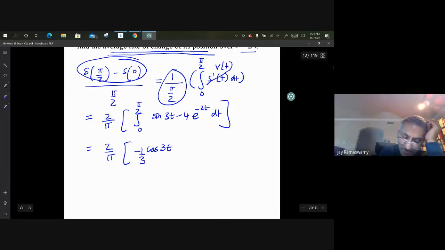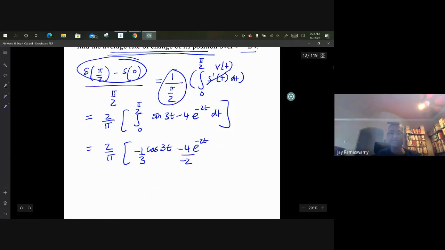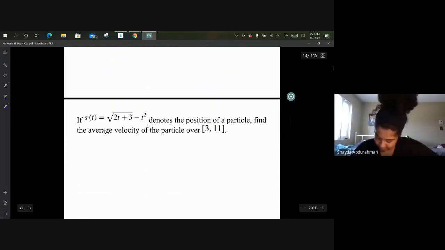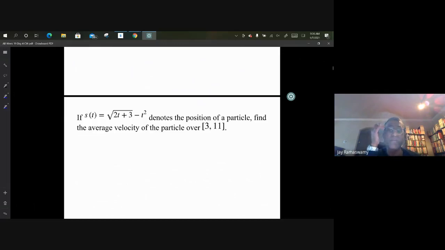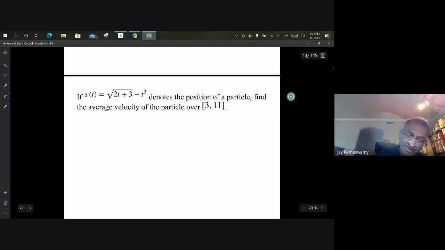So negative 1/3, right? Okay, do the other one. Minus 4e to the power of negative 2t divided by negative 2. Guys, be careful, for integrals you're dividing. Low limit 0, upper limit pi over 2. Can we move on? Guys, I'm focusing on the important idea, which is setup. Can you see setup is the challenging one? Okay, write on page 13.